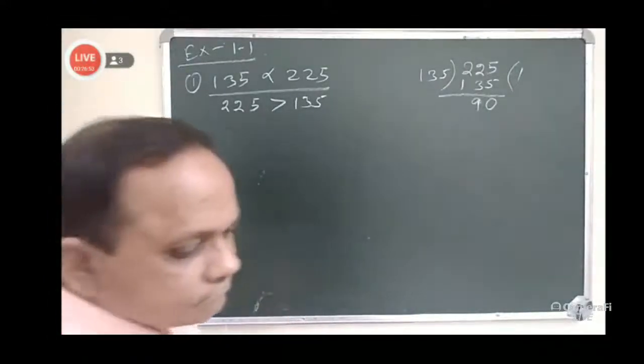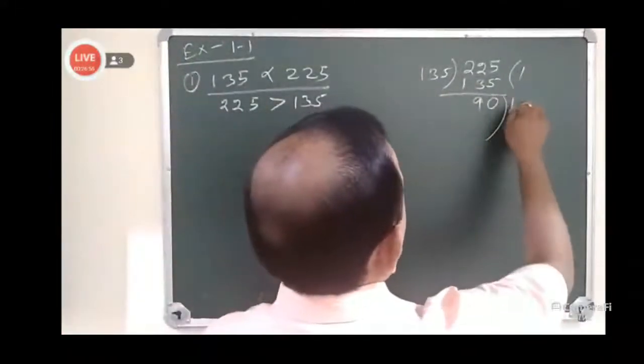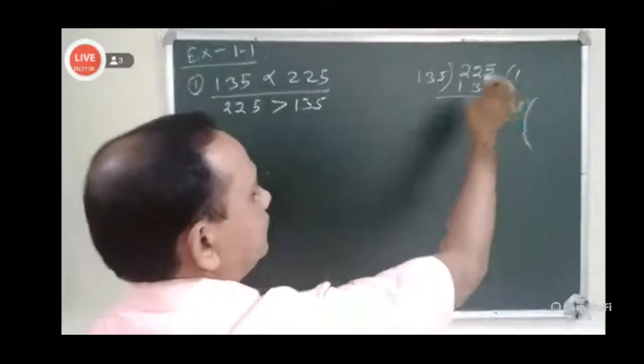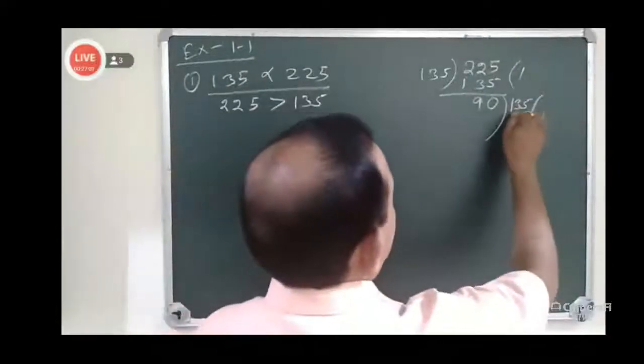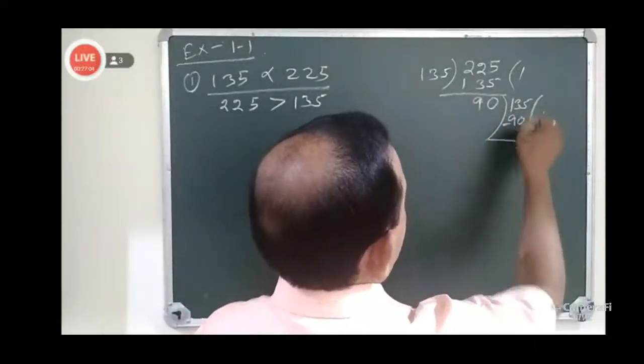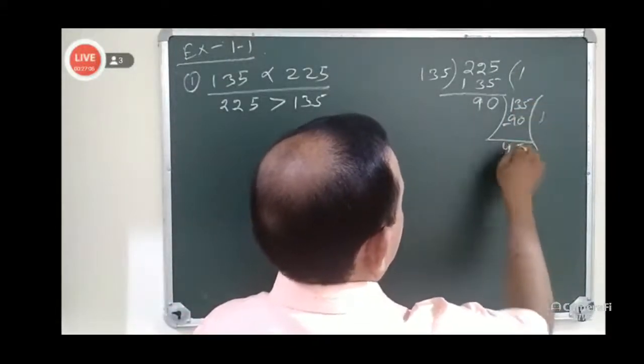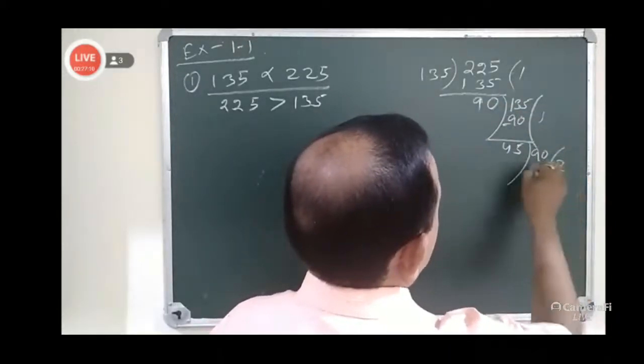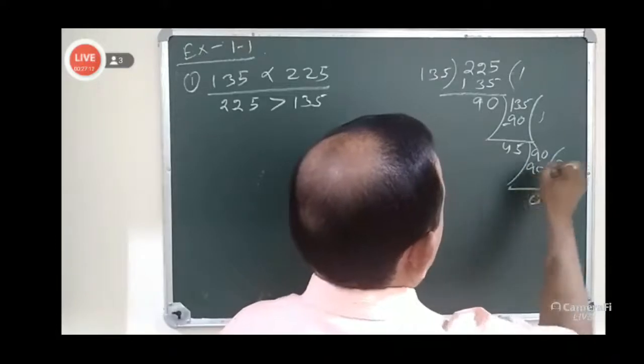Then 135 will be the dividend. 90 1 is 90. Then 135 minus 90 is 45. Then the same process: 45 2 is 90. So the remainder is 0.